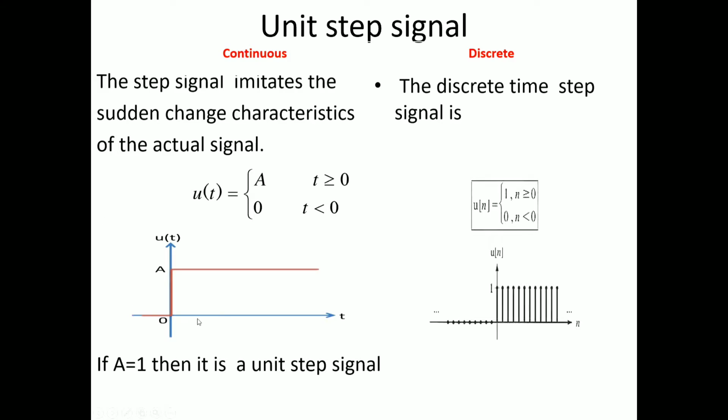Whereas a continuous-time signal is constant throughout the time period from 0 to infinity. Here also it has the same amplitude, but at different instants of time: instant 0, instant 1, instant 2, instant 3 and so on.